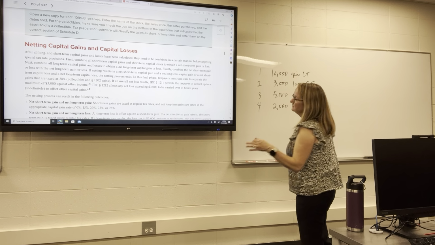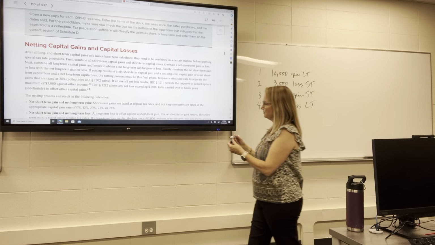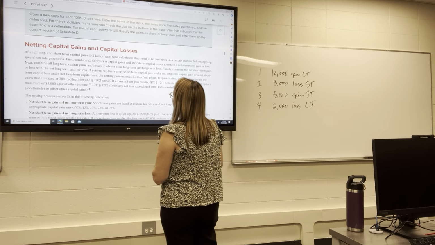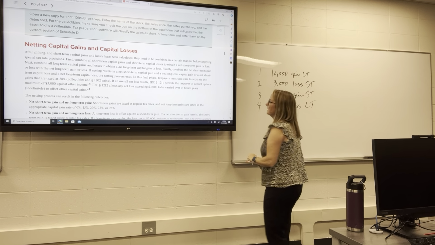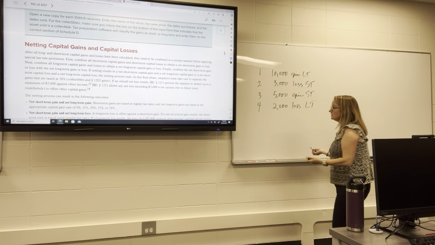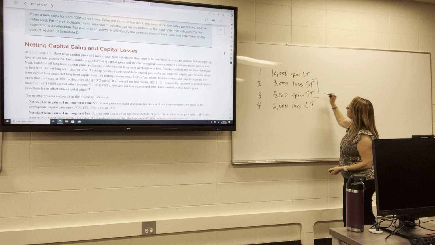So we have to combine all of those together. And you have to combine them in a particular order. So first thing you do is you combine all of the short-term capital gains and short-term capital losses, and all the long-term capital gains and long-term capital losses. So we're going to put these two together first.